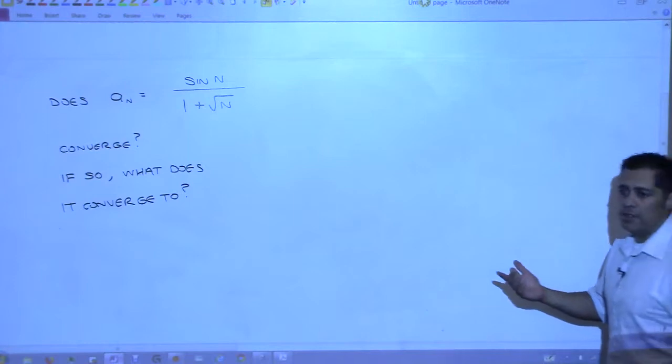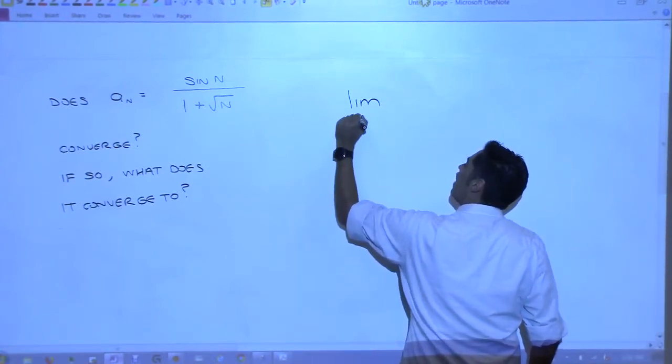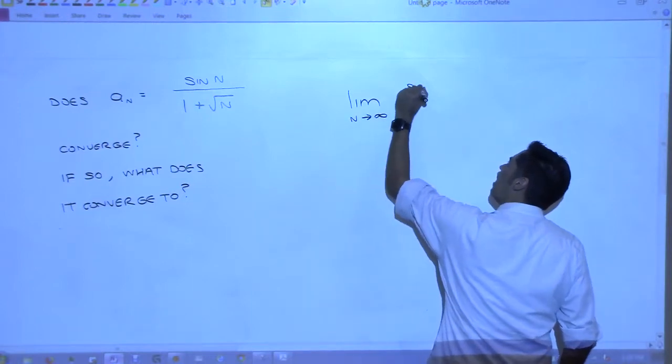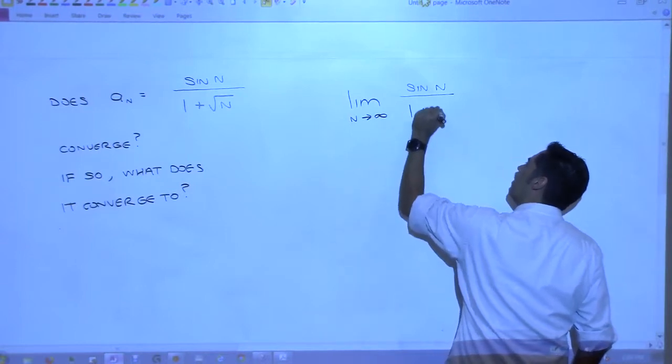So the first thing we do is we write down the limit. This is what we're looking for, the limit as n goes to infinity of sine of n over 1 plus root n.